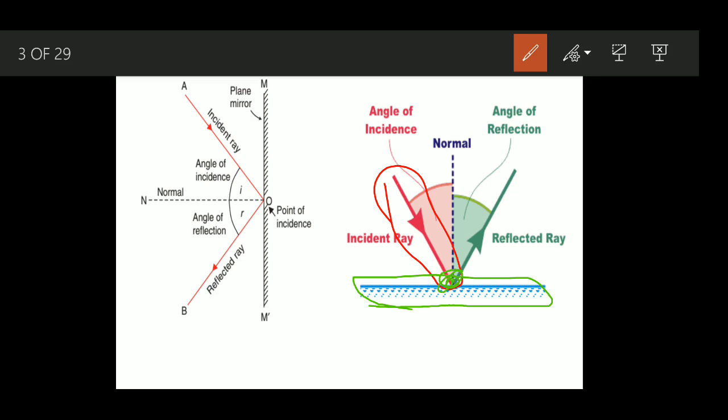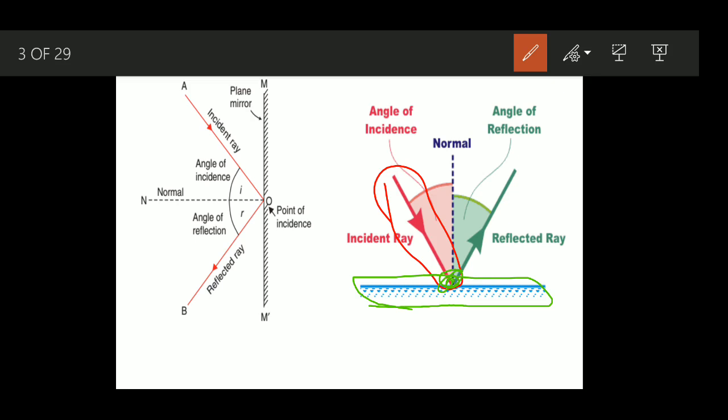When the light falls on a certain surface, it is bounced back into the same medium. Then it is called the reflected ray. The light which is bounced back by the surface is called reflected light. Here I represented it with one ray, so it is called a reflected ray.